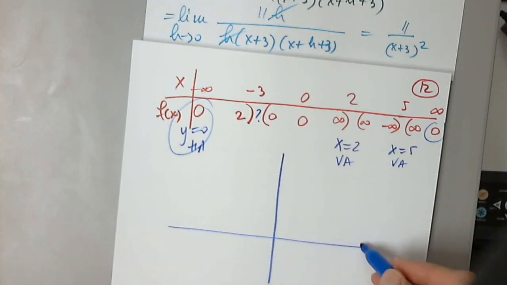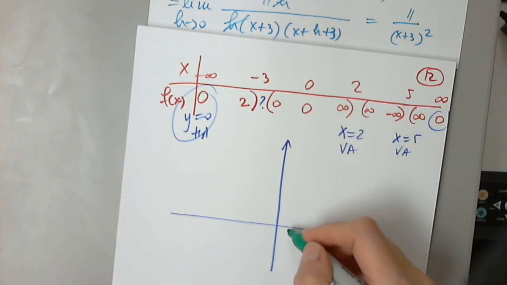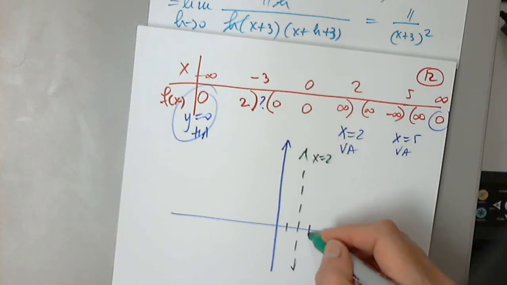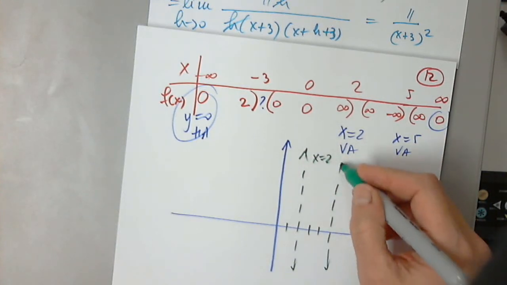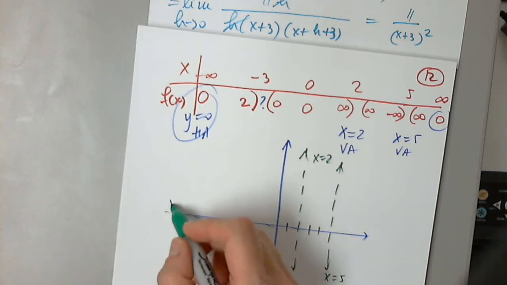So I have to graph the asymptotes first. At 2, at 5, and y equals 0. This is overkill, but I'm going to write it.